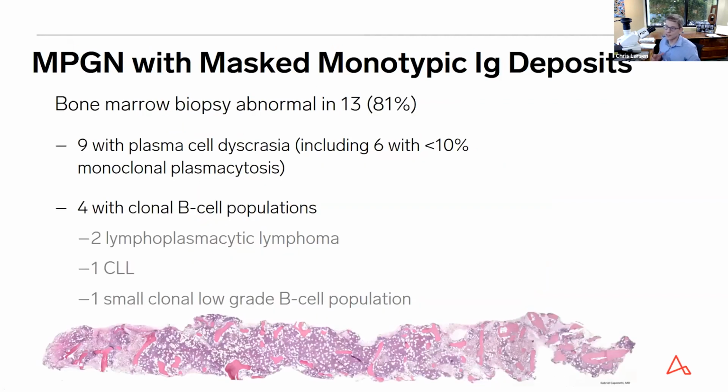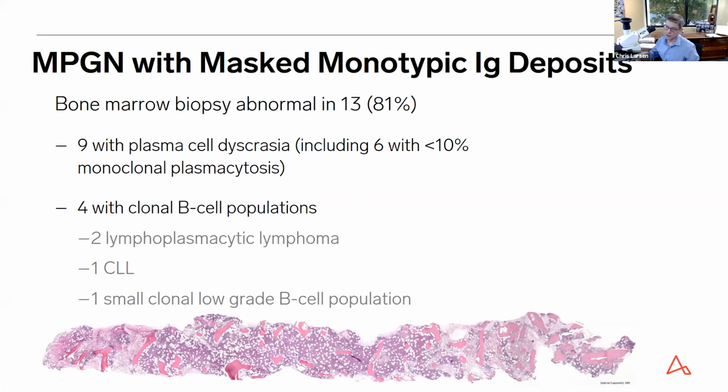As far as what did we see on the bone marrow biopsy? Well, 13 of the bone marrow biopsies were abnormal. 9 of them had a plasma cell dyscrasia, though it was typically a very low grade neoplasm with less than 10% monoclonal plasma cells. And then 4 of them had clonal B cell populations.